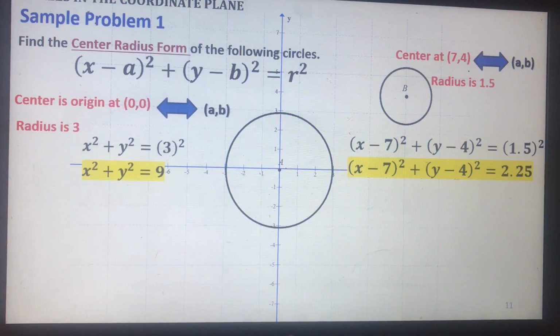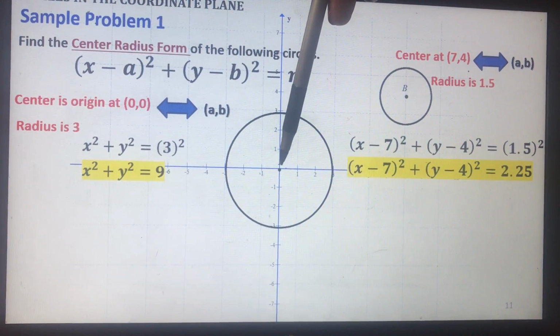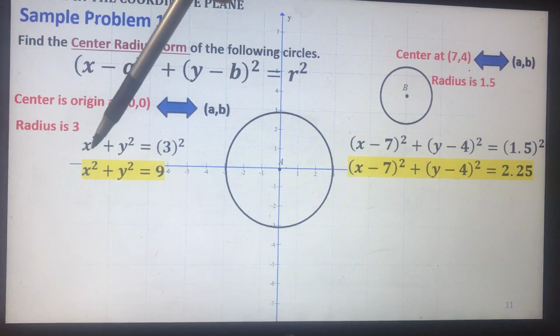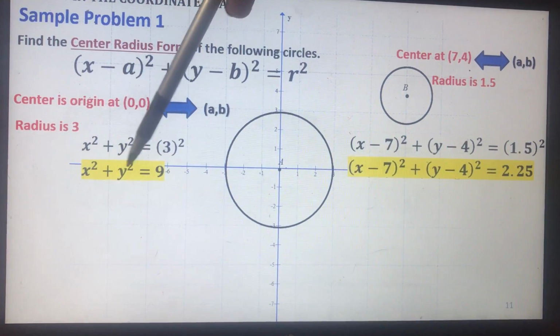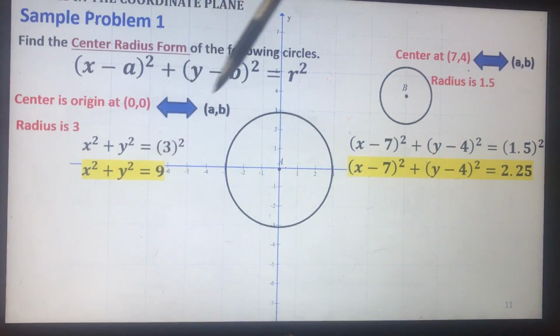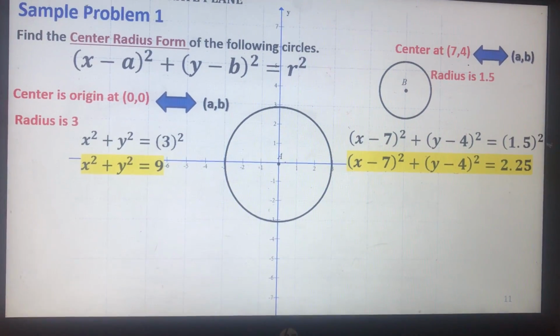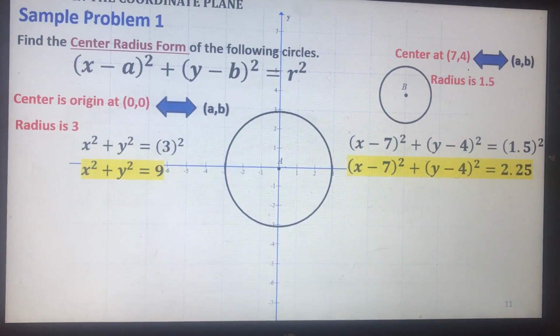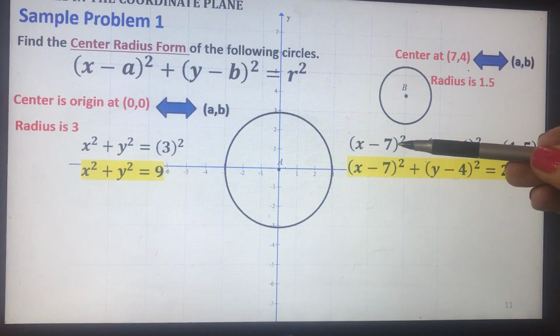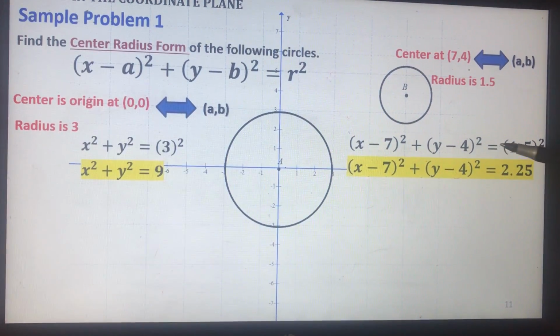So the center radius form, when the center of the circle is located at the origin, is x squared plus y squared equals 9 because the radius in this case is 3. In the second part of sample 1, we use (x minus 7) squared plus (y minus 4) squared equals 1.5 squared. Why?